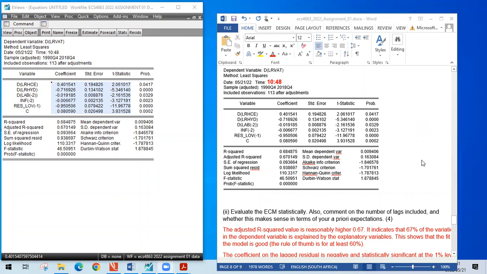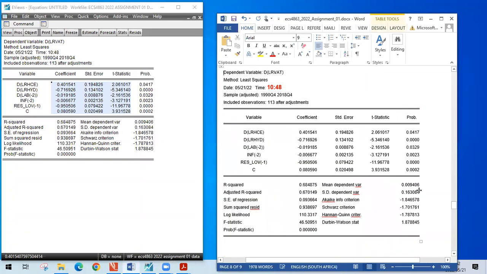I'm here. Okay. Why is ECM important? There are two reasons, right? Why is it important? ECM is important. Very important. Why?